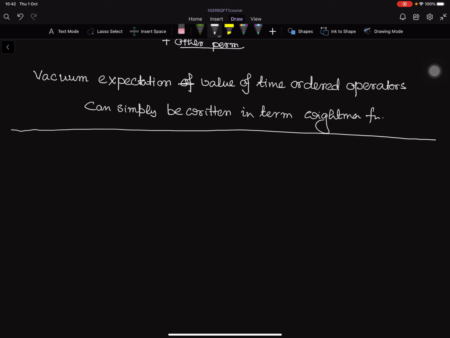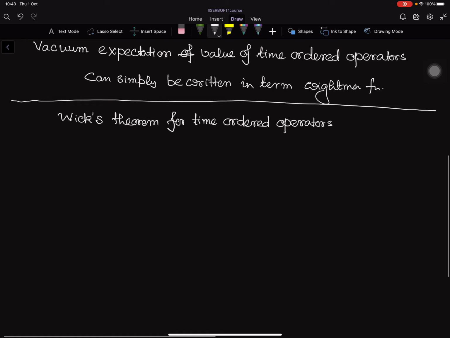Wick's theorem for time ordered operators.